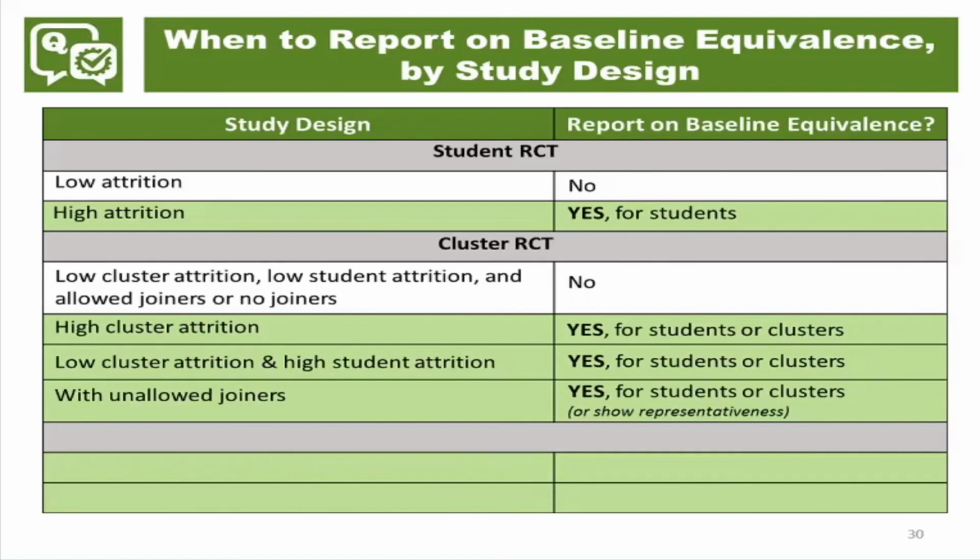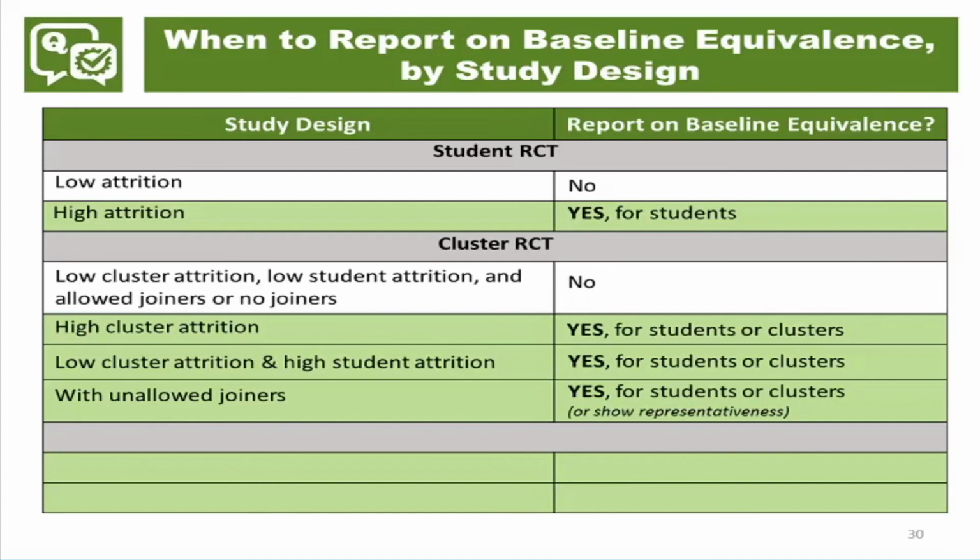And it's necessary to establish baseline equivalence if attrition is low, but there's a risk of bias from entering individuals in the cluster RCT. So if the sample includes joiners that are not allowed according to the WWC, then it is necessary to establish baseline equivalence.